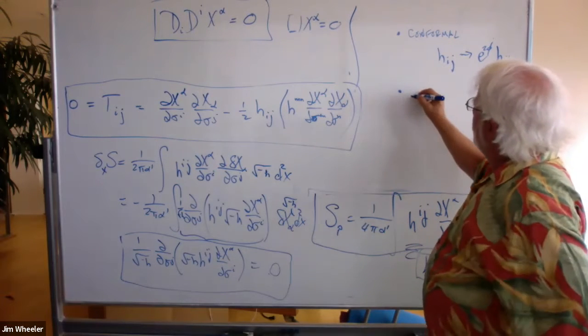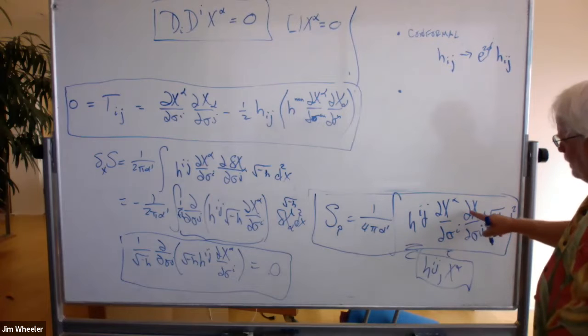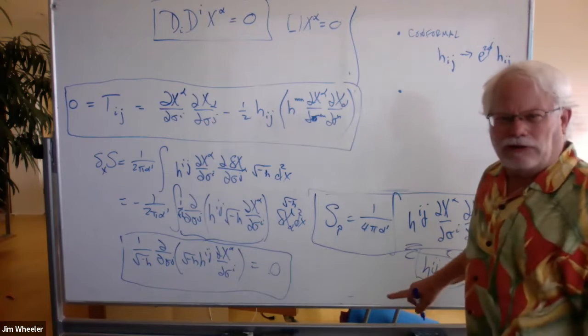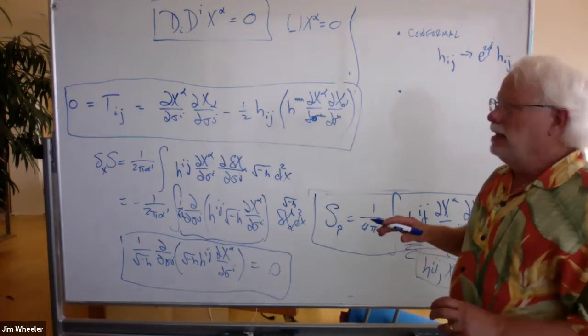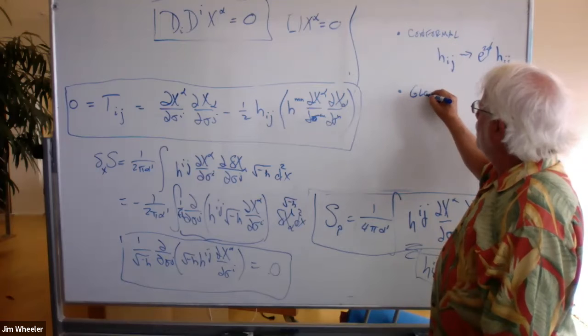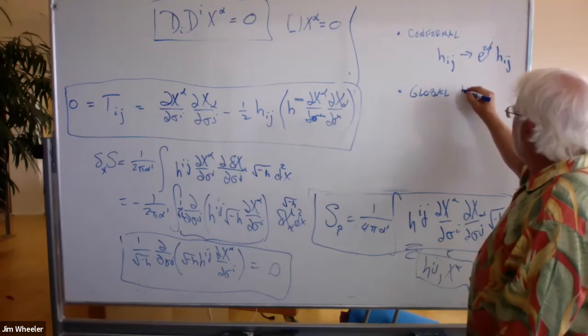Now this alpha contraction is done with the Minkowski metric. We're in a flat background space here, but we still have global Poincare transformations.